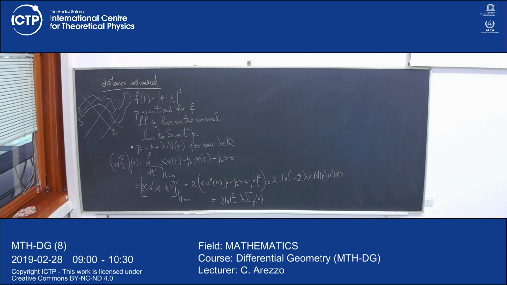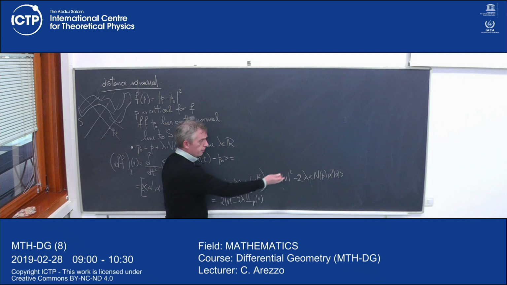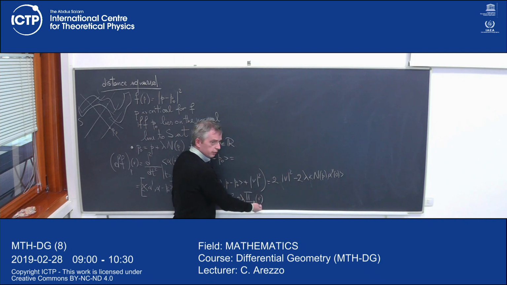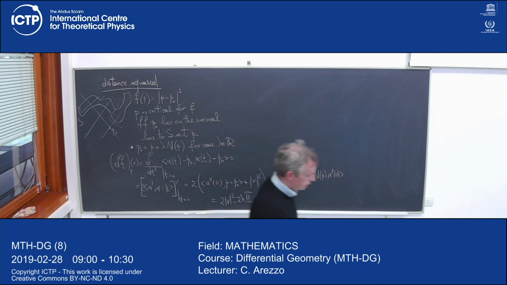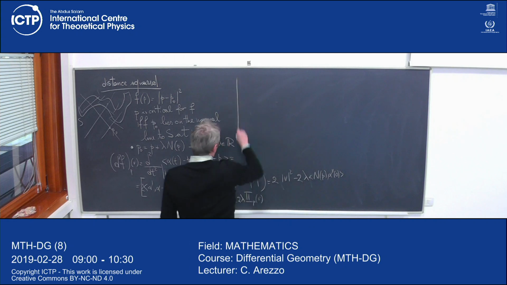Because that's the normal curvature. It's Euler's theorem if you want. Two lambda. Okay. So that's the normal curvature of alpha, which is, as we proved, the second fundamental form applied to the tangent vector. Very good. I stop here, but this is a homework for you.